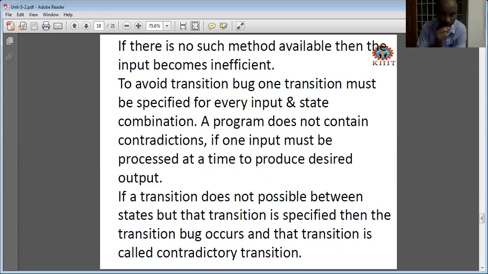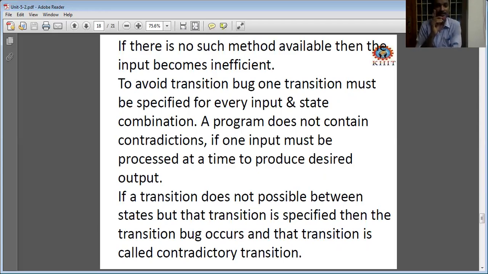This point is very important. There is a program, and that program does not contain contradictions if one input is processed at a time to produce the output.